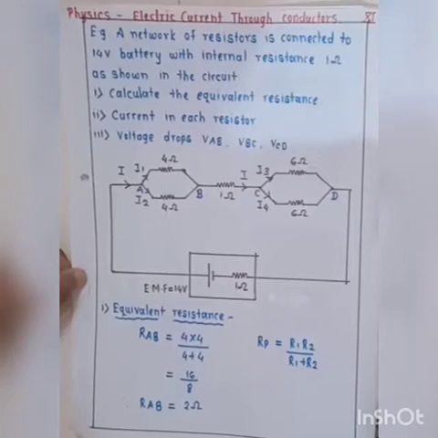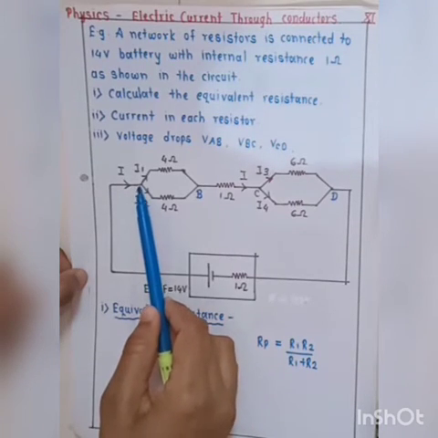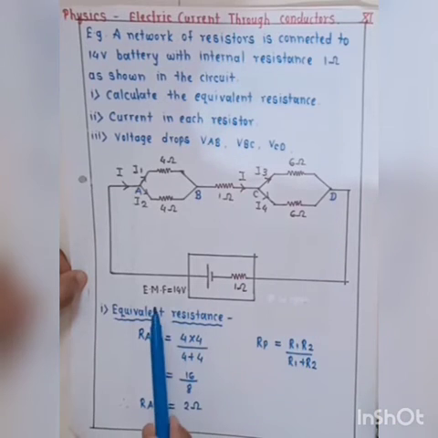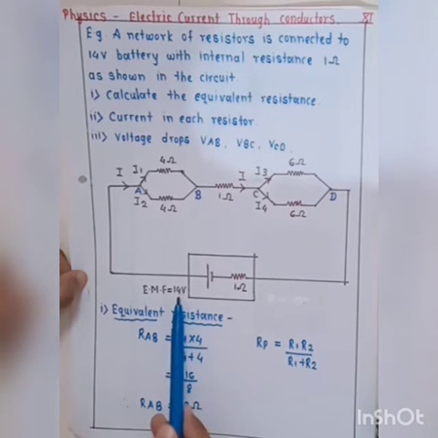So the total voltage across A to D is 12 volt, but EMF of the battery is 14 volt, that means the loss of voltage is 2 volt.